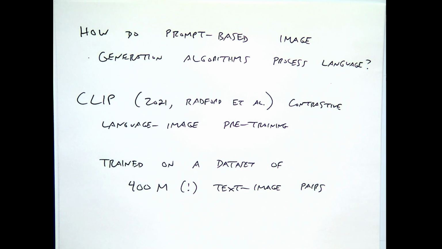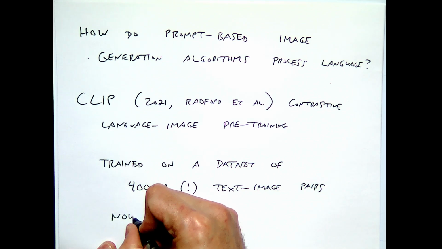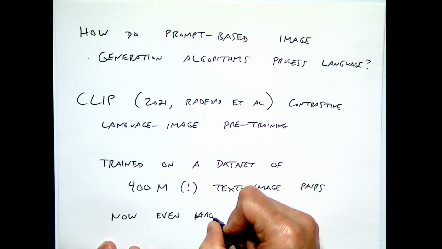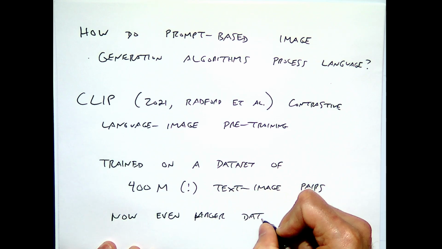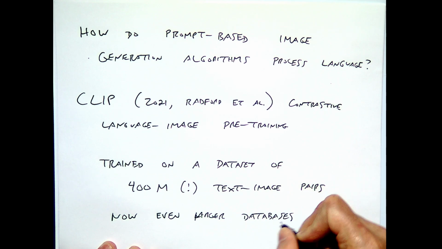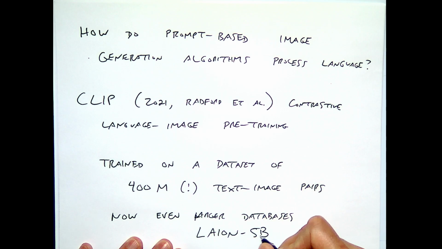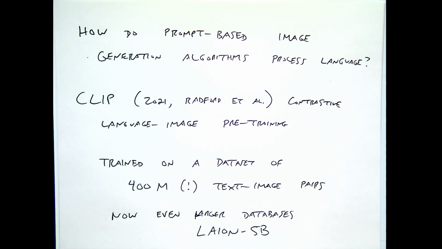Again, 400 million images is a lot, but actually that is now kind of small compared to current text-image databases. So now, as a side note, there are even larger databases. A well-known one is called LAION-5B, and the 5B stands for 5 billion text-to-image pairs, right?